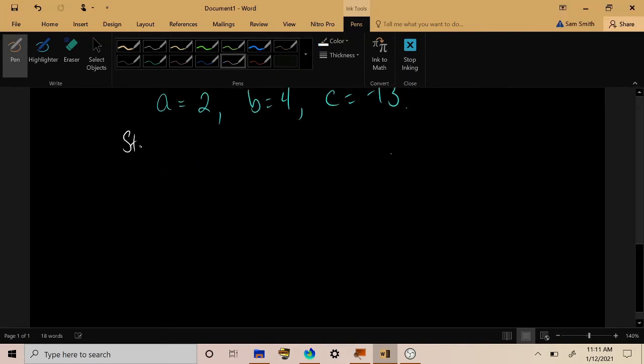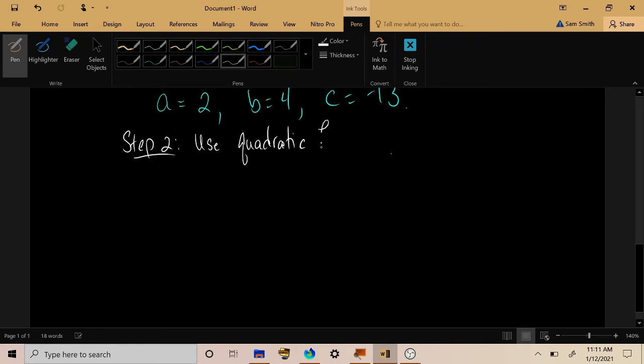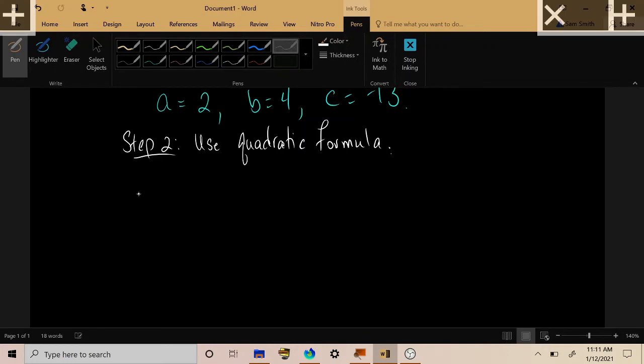Now that we are finished with our preparations, we can actually use the quadratic formula, which says that our solutions are going to be equal to negative b.